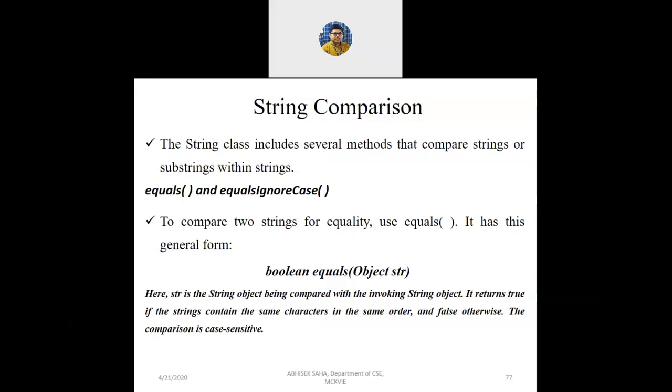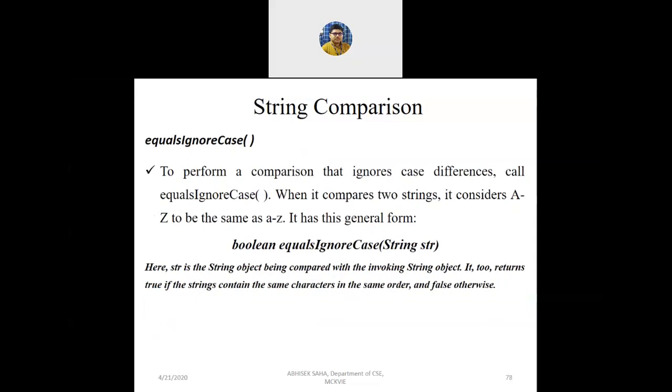Hopefully you can understand the meaning of the second method, that is equalsIgnoreCase. When we invoke this function, comparison is done between two strings, but it is not a case sensitive method.